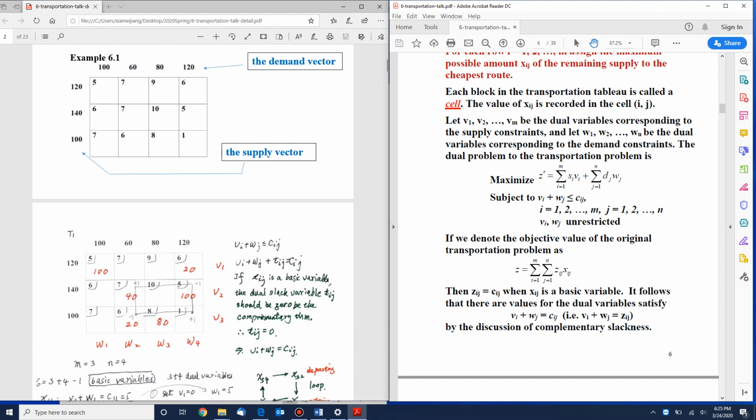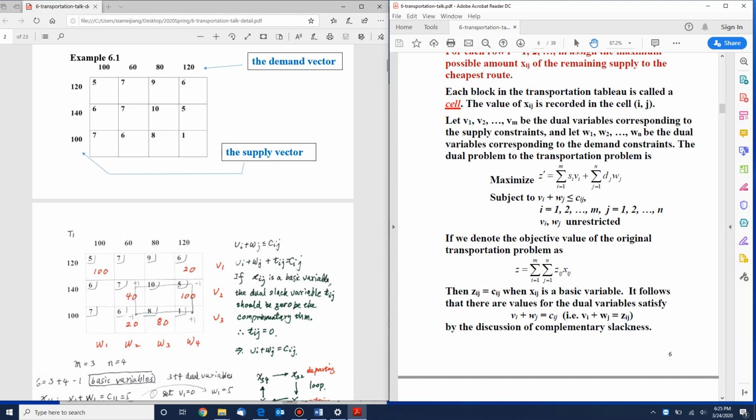Then if xij is a basic variable in the transportation problem, then by complementary slackness we know that the corresponding dual slack variable Tij should be 0, right?